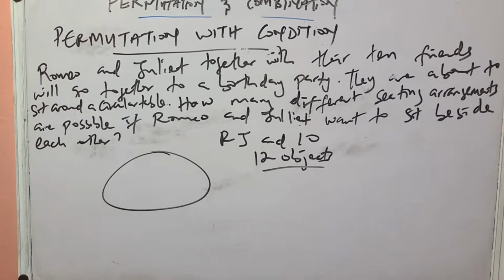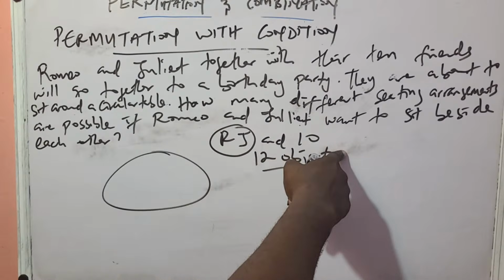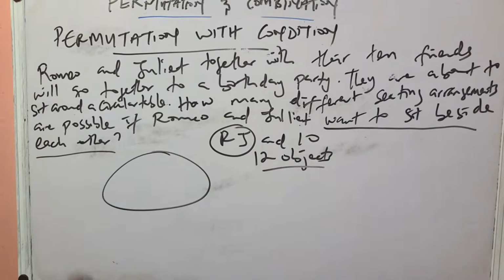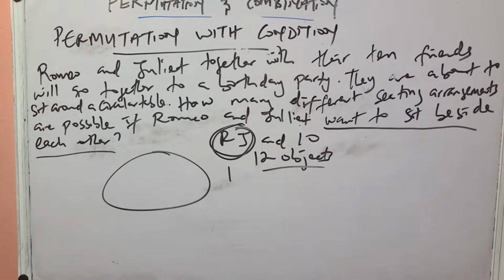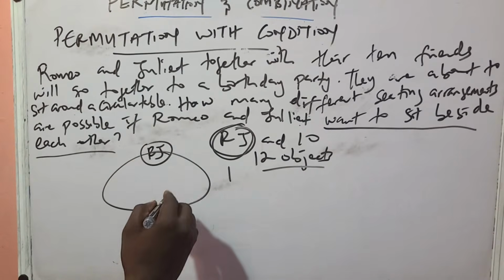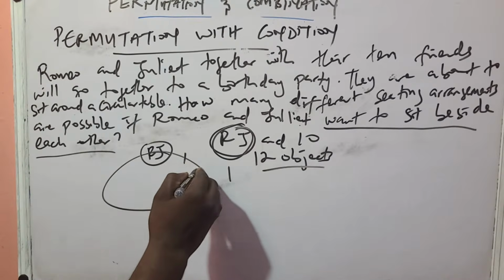But there's a situation happening here, guys. Please pay attention. Romeo and Juliet, even though we counted them as two objects, because of the condition that they want to sit beside each other, you have to see them as one object. So now we have Romeo and Juliet as one object, then we have the rest 10.